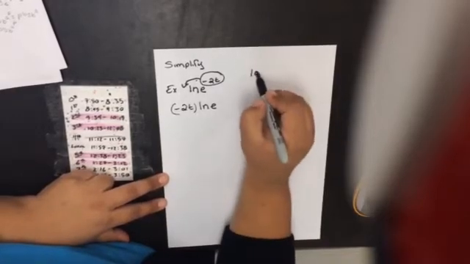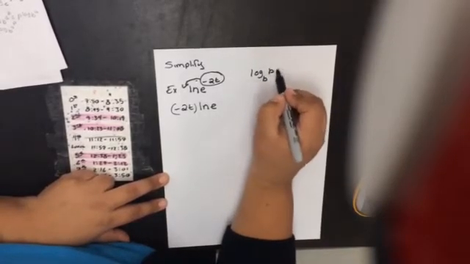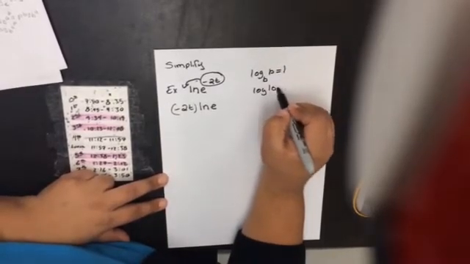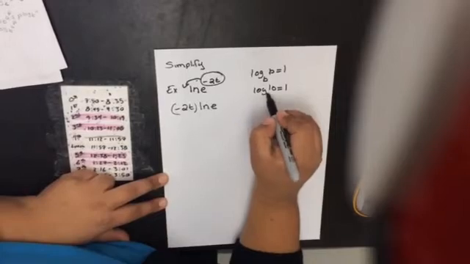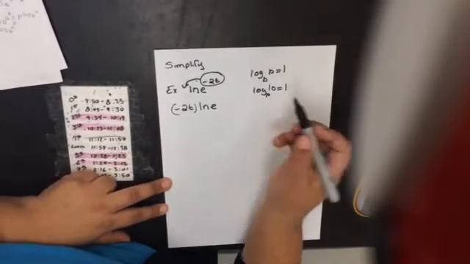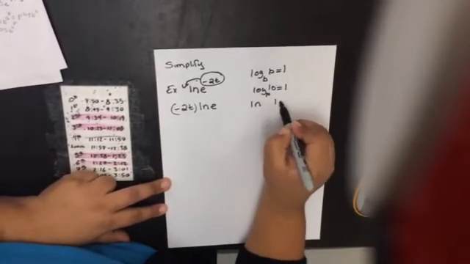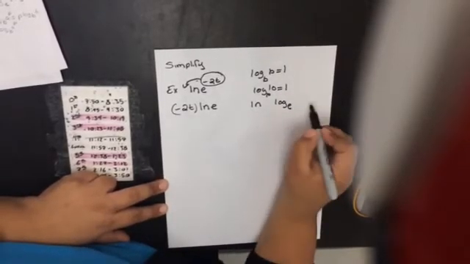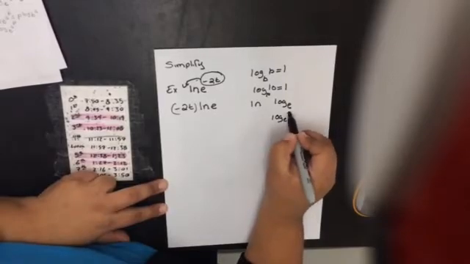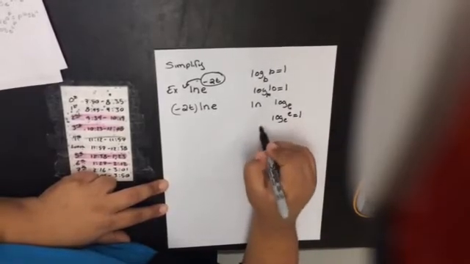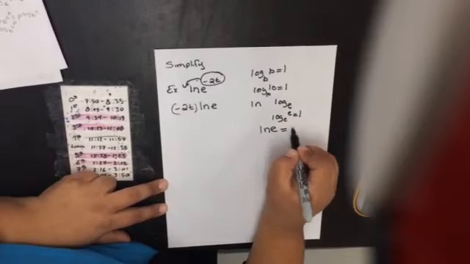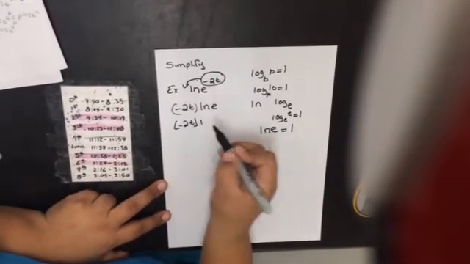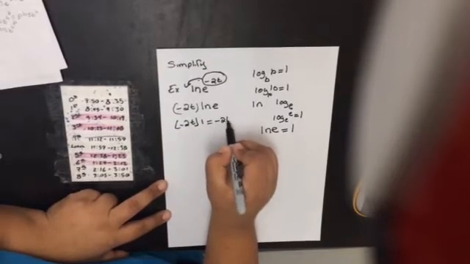Remember that log base b of b equals 1. So if we had log of 10, it was equal to 1 because there's a base 10 right there. Well, remember that the natural log is the log base e. So if I have log base e of e, it's just going to equal 1. So then the natural log of e is always equal to 1. So then here we have negative 2t times 1. It's just going to give you negative 2t.